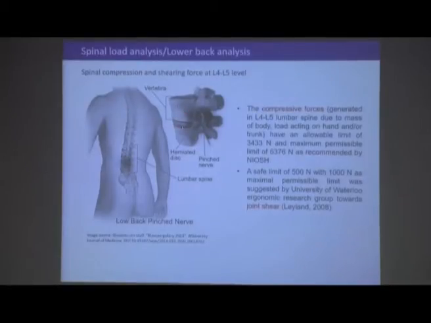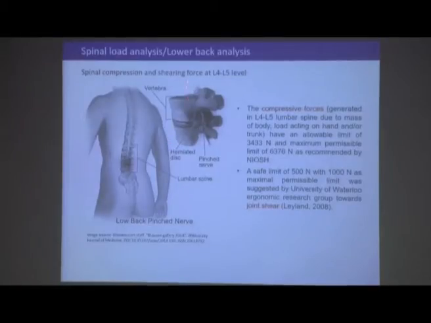Sometimes there is compressive force on this disc, sometimes there is shearing force, as we discussed in our earlier module. Now with digital human modeling software we can evaluate how much the compressive or shearing force in the intervertebral disc is while a particular task is performed by the mannequin in a particular posture.